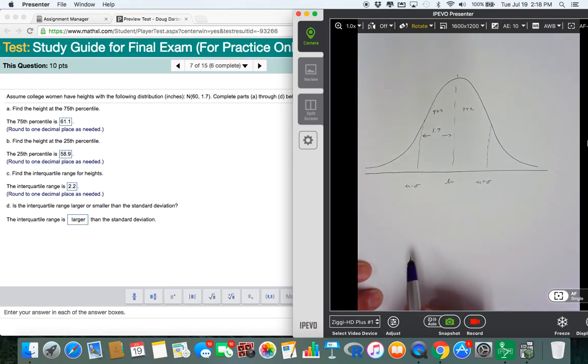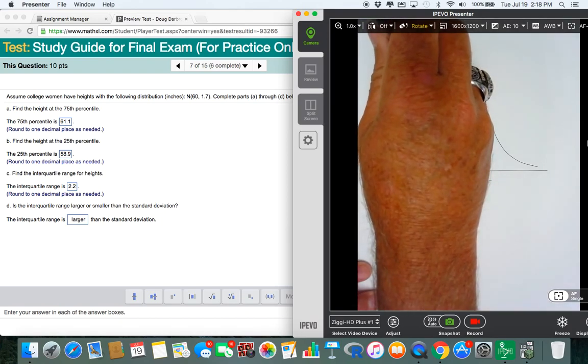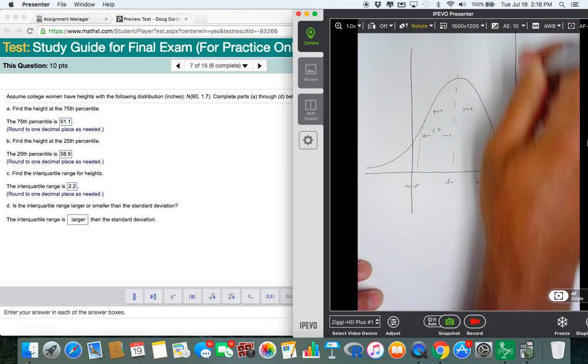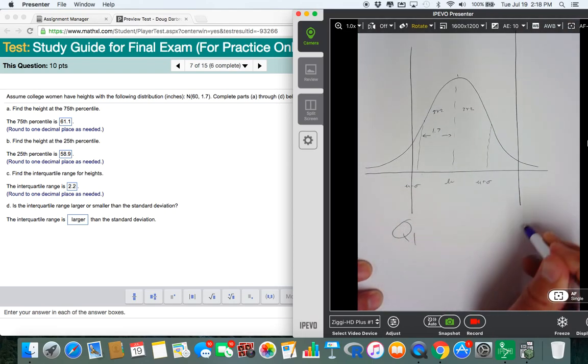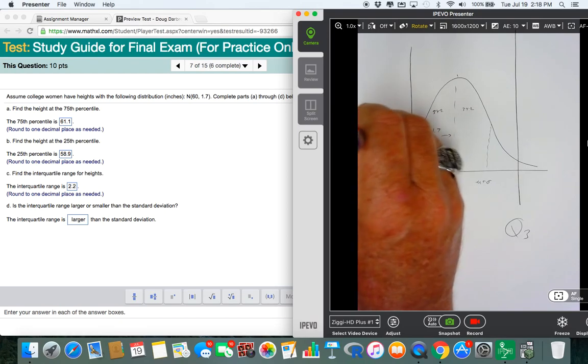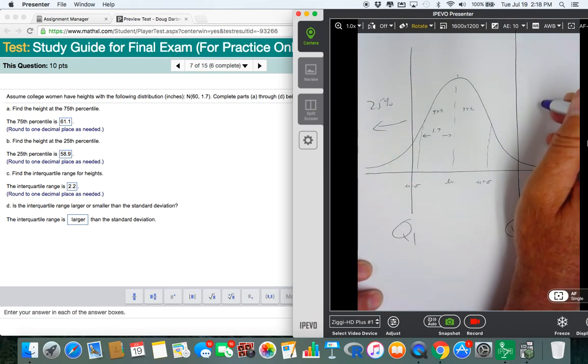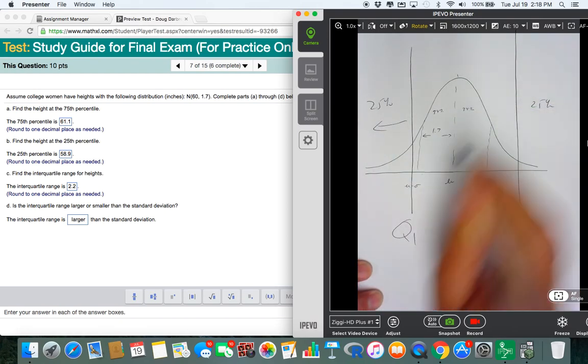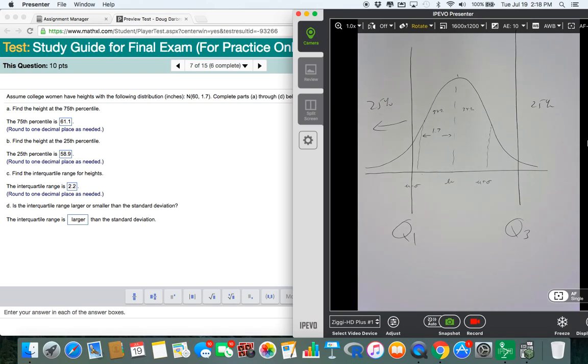All right, let's think this through. What does the IQR do for you? The IQR takes these values that have 25% above and below, right?